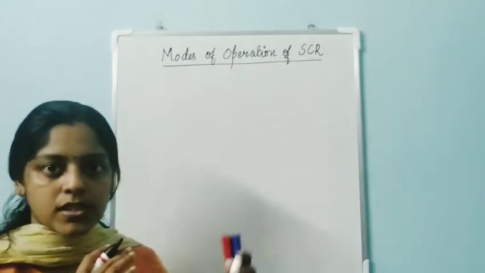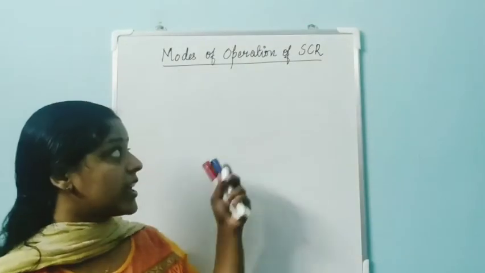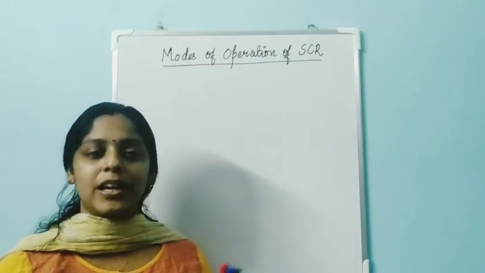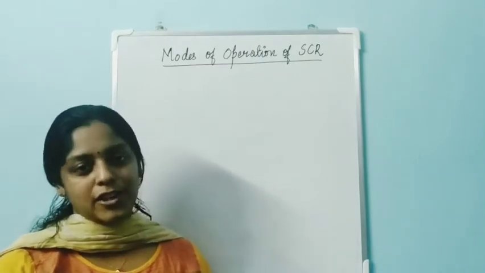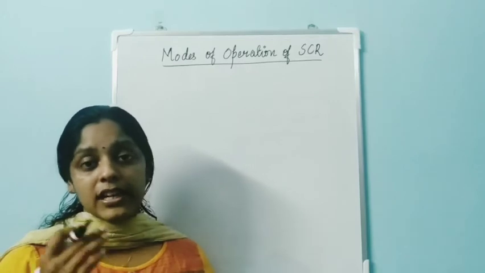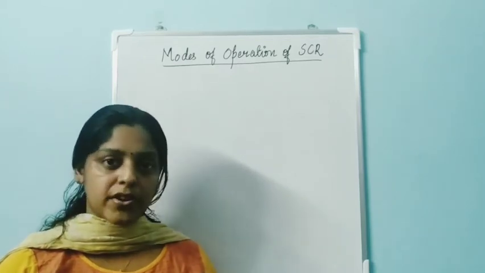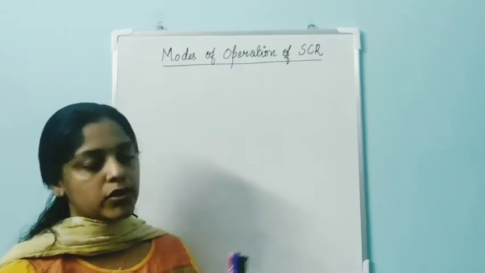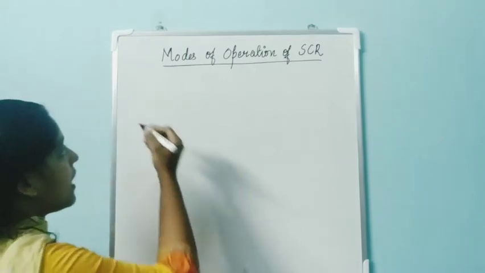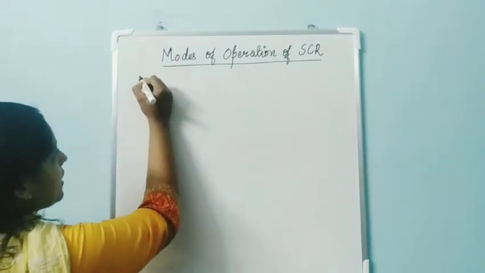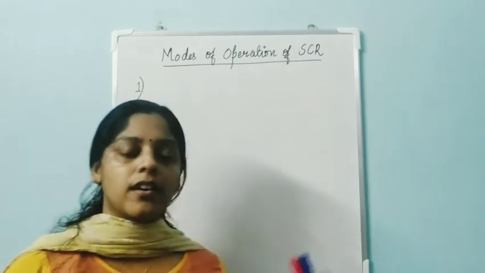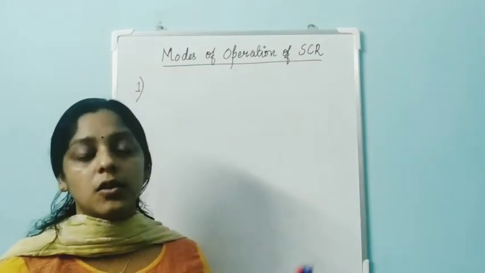It's a very important area with which we can clearly understand the basic concepts of power electronics. There are mainly three modes of operation for an SCR. We will be looking through that, and I am not naming that mode right now. We will name that particular mode once I explain the working part.